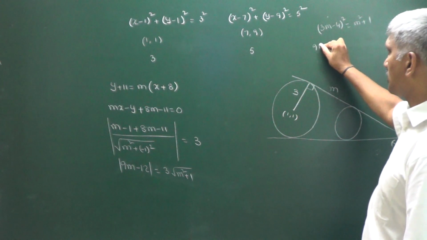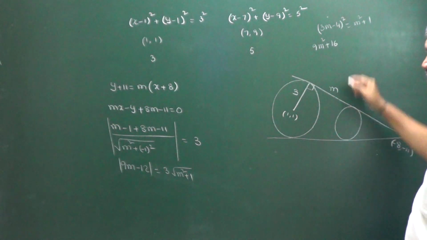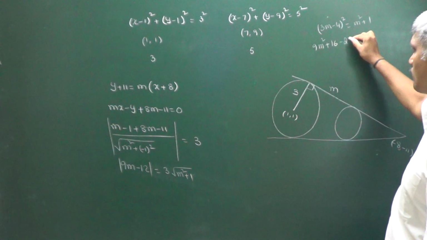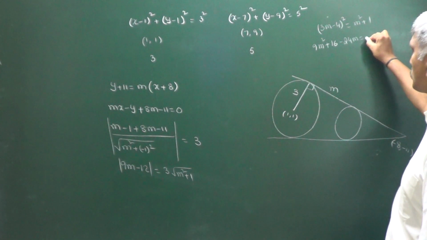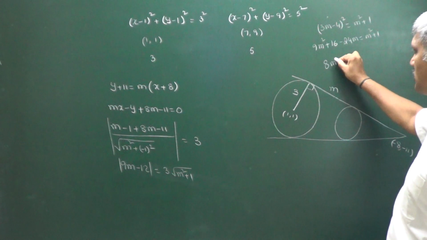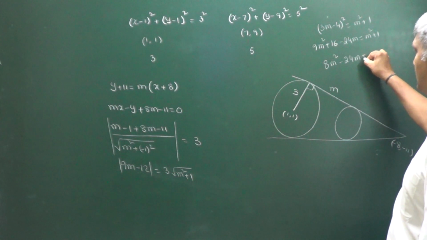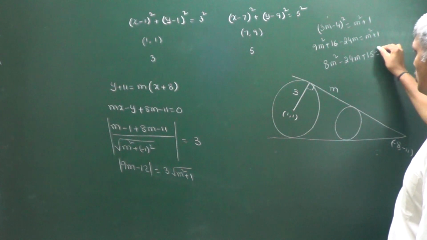Now simplifying, we get 8m² − 24m + 15 = 0, which is a quadratic equation.